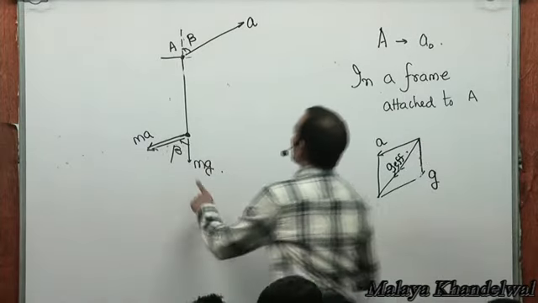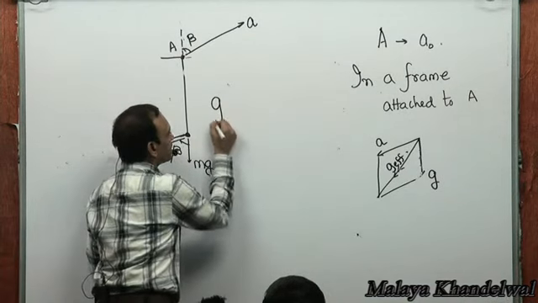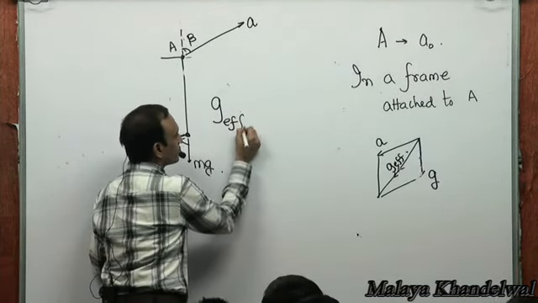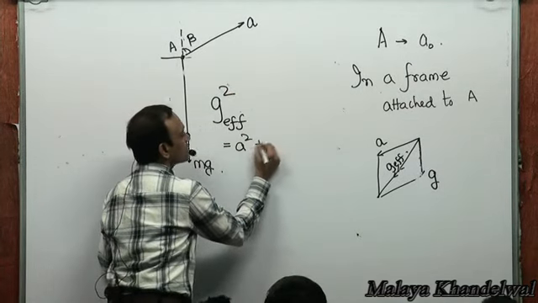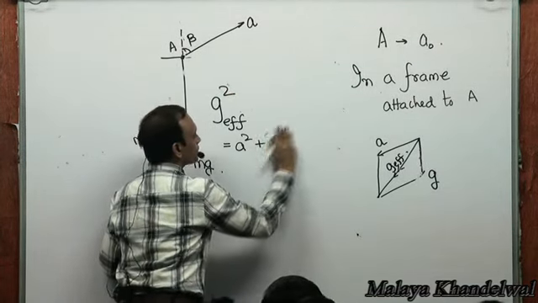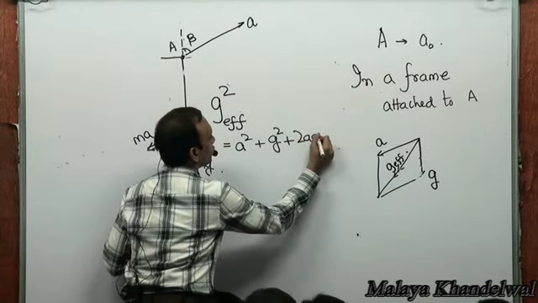From parallelogram law of vectors, with angle between a and g being beta, g effective squared is going to be a squared plus g squared plus 2ag cos beta.